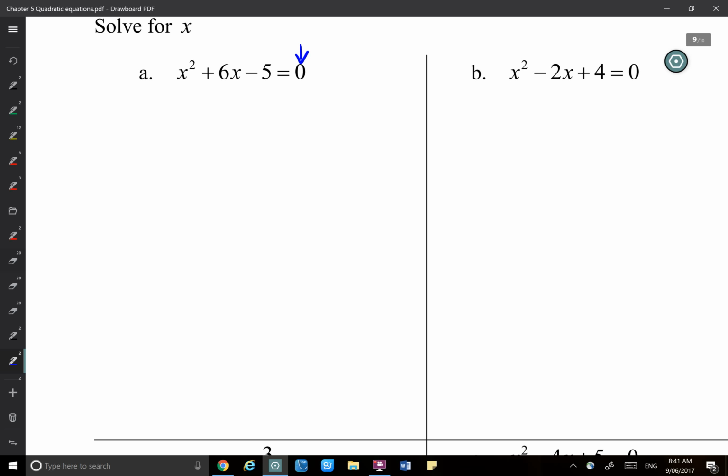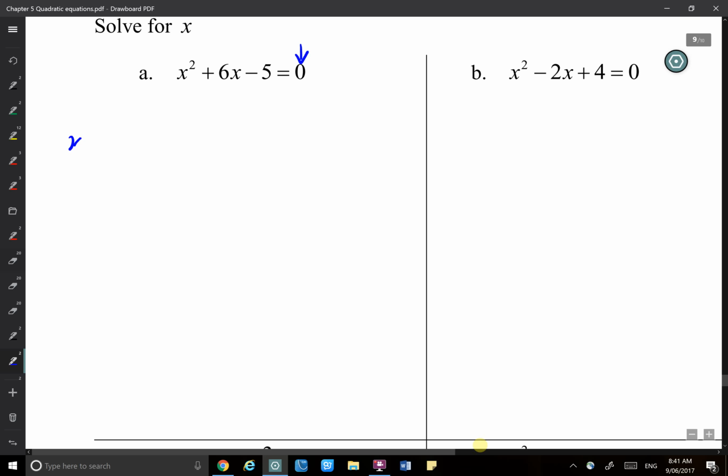I'm not sure yet if the left-hand side can be factorized or not, but let's do this first. x squared plus 6x minus 5. I need to add 6 over 2 squared and subtract 6 over 2 squared, and that equals 0.